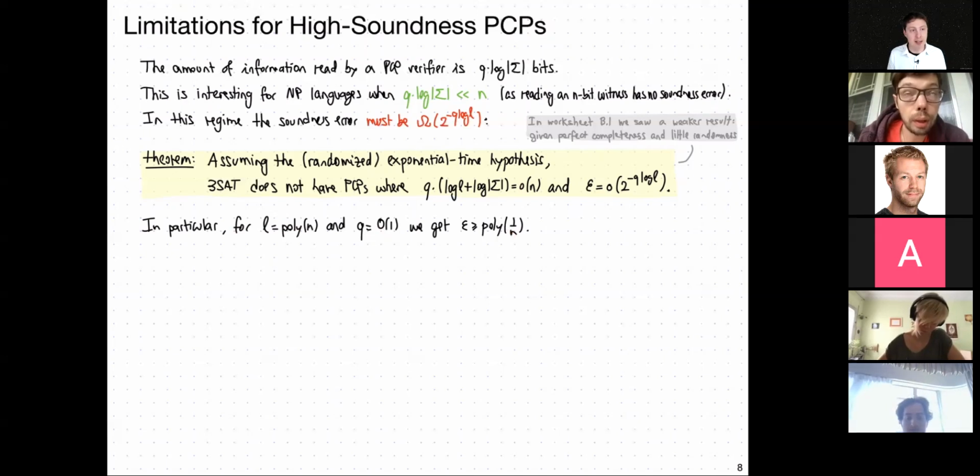So it exactly tells us the regime of the sliding scale conjecture. If you want constant query complexity and polynomial proof length, your soundness error must be 1 over poly, the end. Okay. So this tells us exactly that.